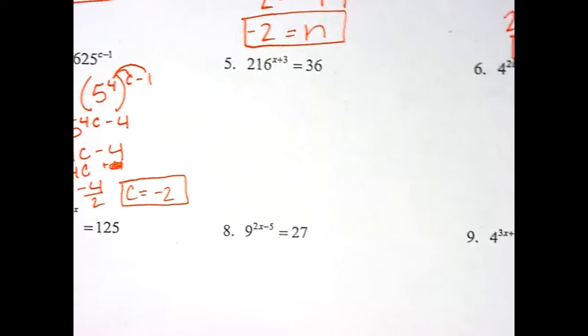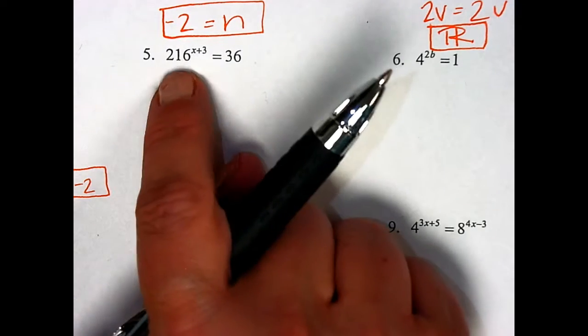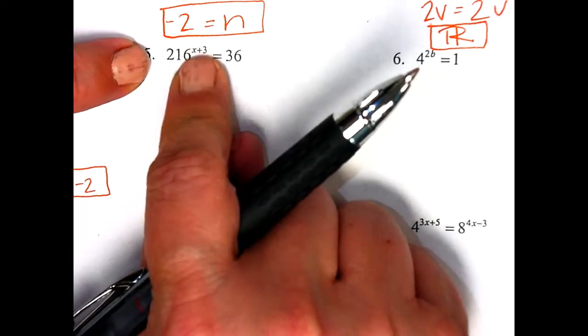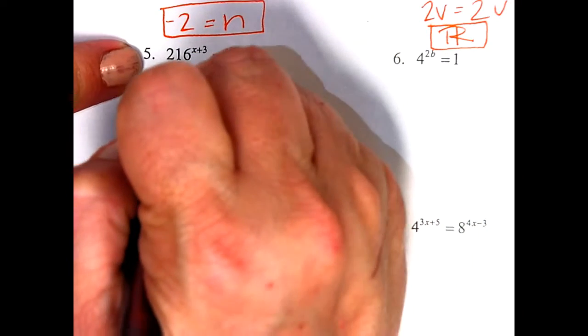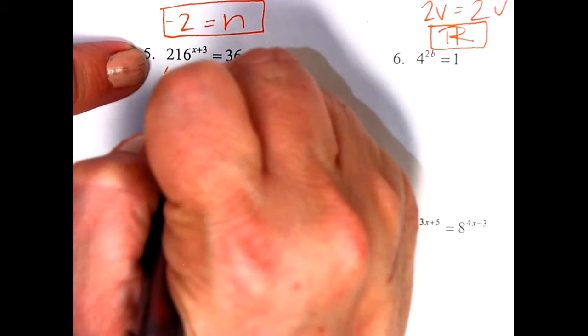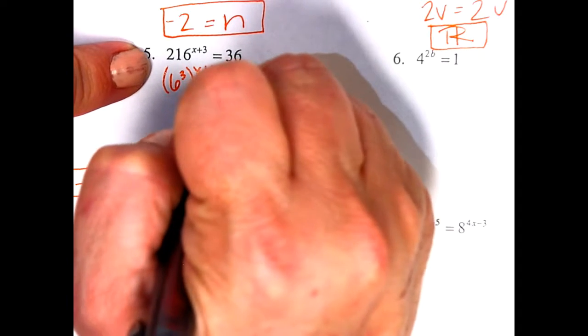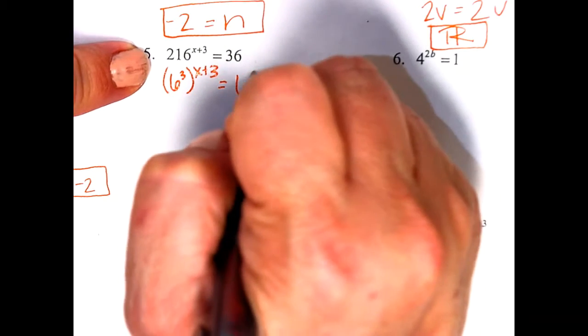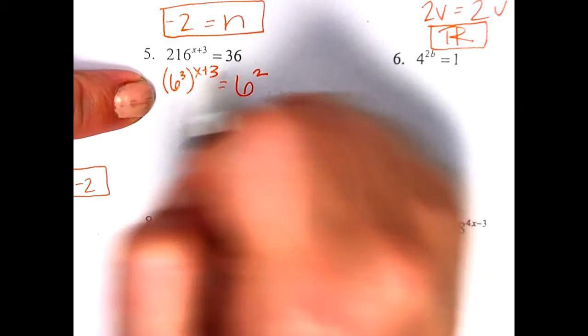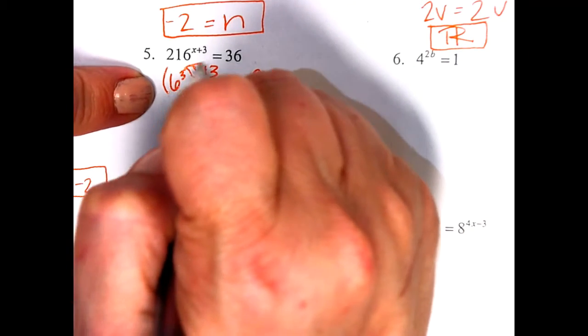Alright, let's see if I can not trip over my words this time. So I have 216 to the x plus 3 equals 36. So I'm going to rewrite those with a base of 6. So I have 6 cubed to the x plus 3 equals 6 squared. On the left side, I need to multiply those.